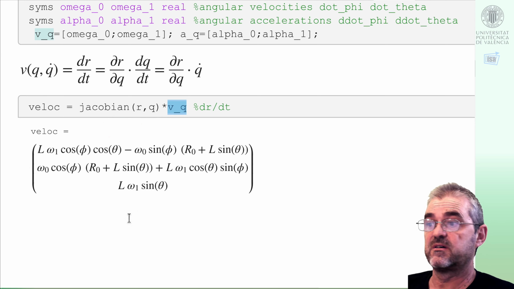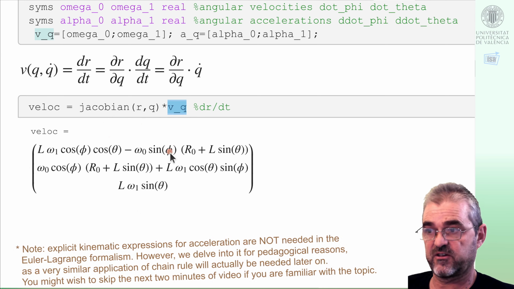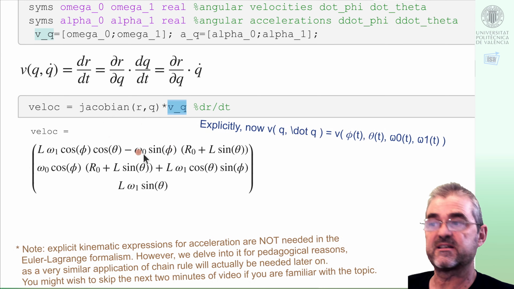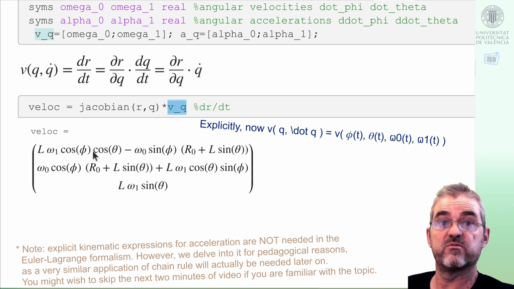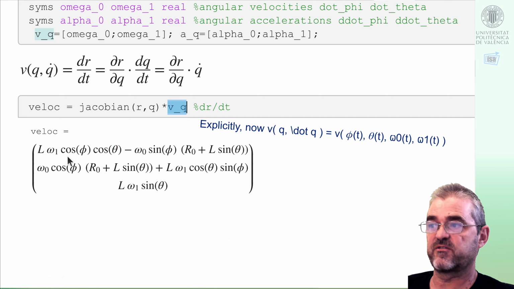If we wish to compute accelerations, then again, as phi is a function of time, omega 0 is a function of time, theta is a function of time, and omega 1 is a function of time, I will need to carry out 4 partial derivatives times some time derivatives of these letters.